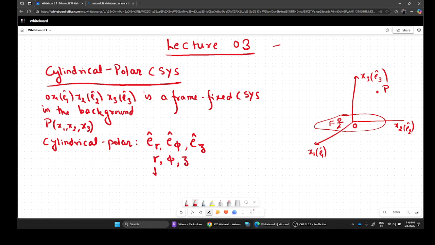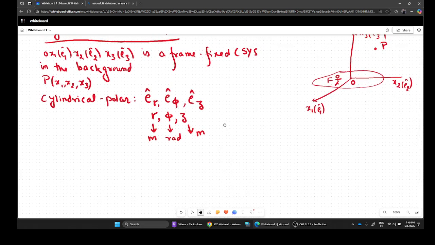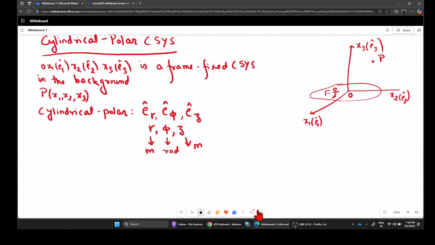In SI units, r is going to be in meters, phi is going to be in radians and z is again going to be in meters. What are the definitions of these quantities?